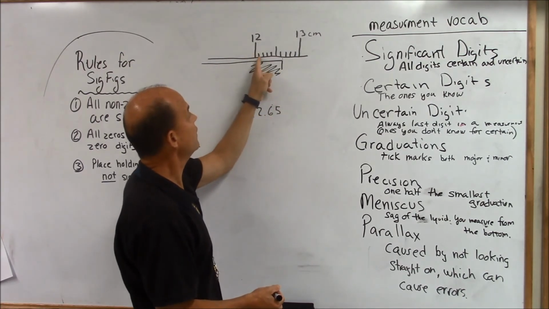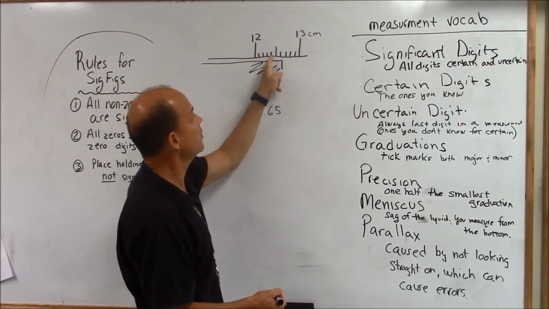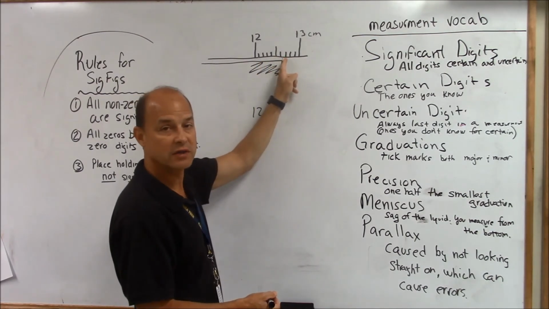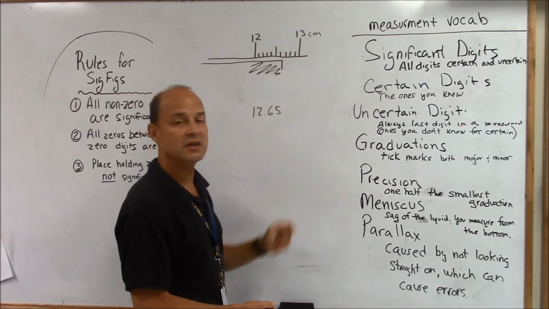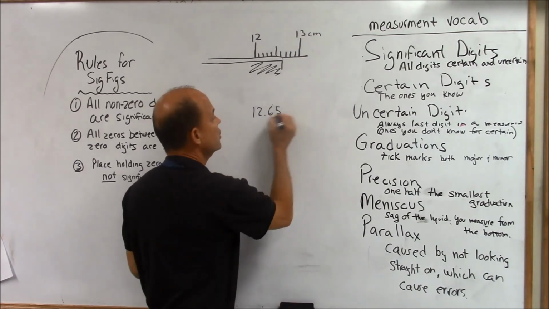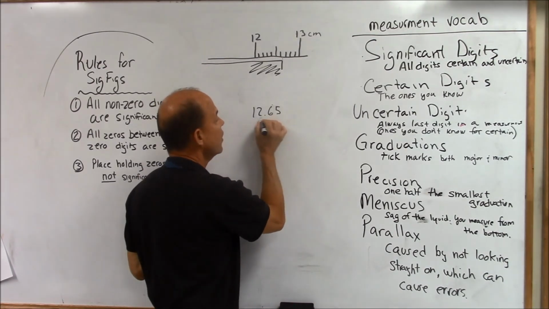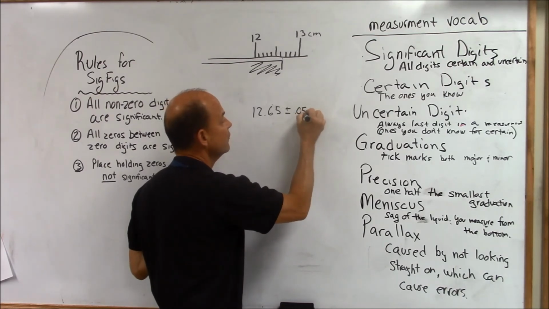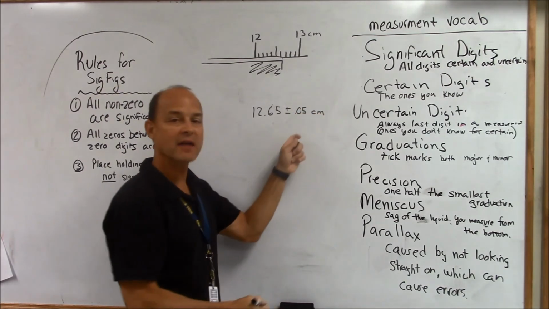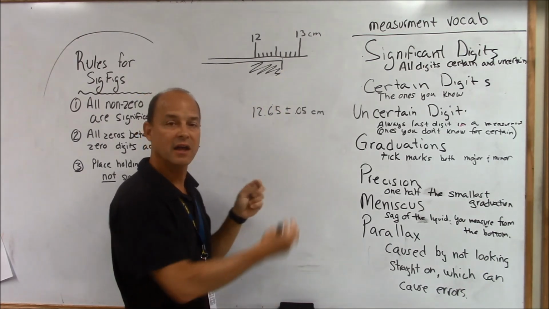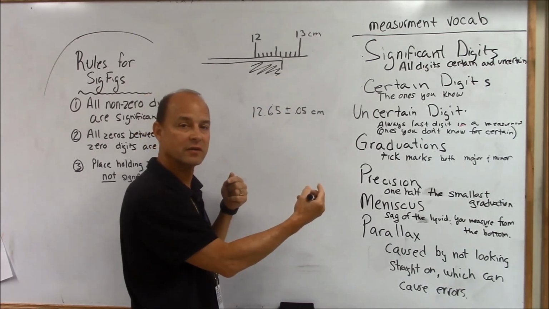So this is 12, 12.1, 12.2, 12.3, 12.4, 12.5, 12.6. All right, so your smallest graduation is 0.1 centimeter. So your precision is half of that, or 0.05. So this measurement is 12.65 plus or minus 0.05 centimeter. And that's about the most precise way that we can specify the length of an index card. Okay?